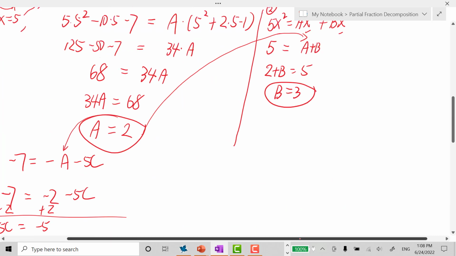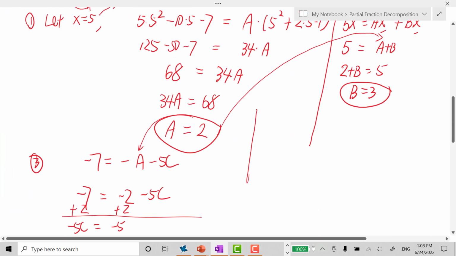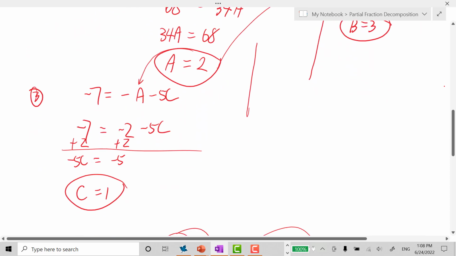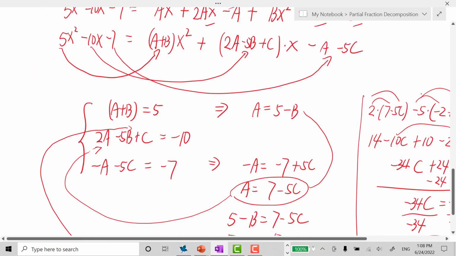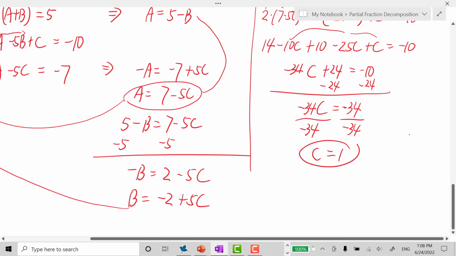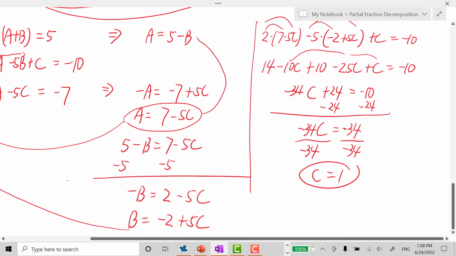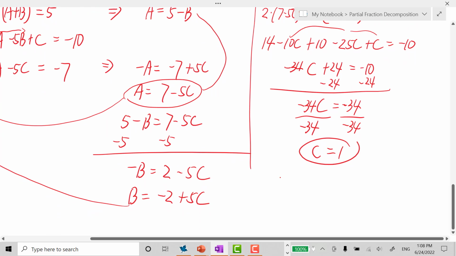That should be exactly the same as the previous method we just did right here. c equal to 1. So it's the same. All right. And now, once you have c, then we know how to figure out b, right? So b is equal to minus 2 plus 5c. So it's minus 2 adding 5 times 1. b is equal to 3.